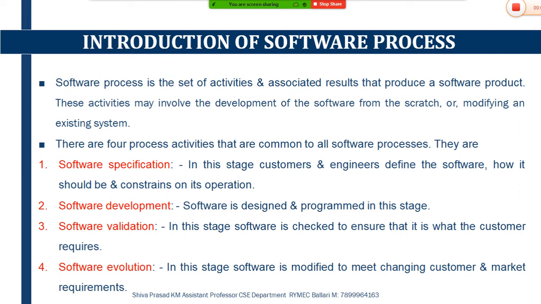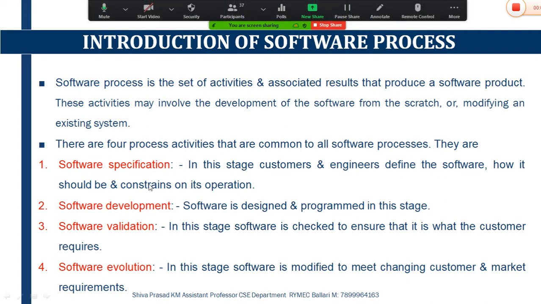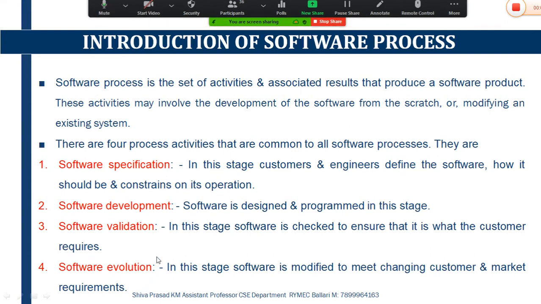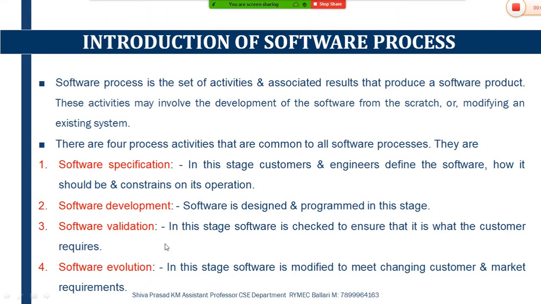One is software specification, second is software development, third is software validation, and the fourth is software evolution. These are the 4 important fundamental activities which we come across in the development of any software product. Without these 4 fundamental activities, we can't perform these sorts of operations.